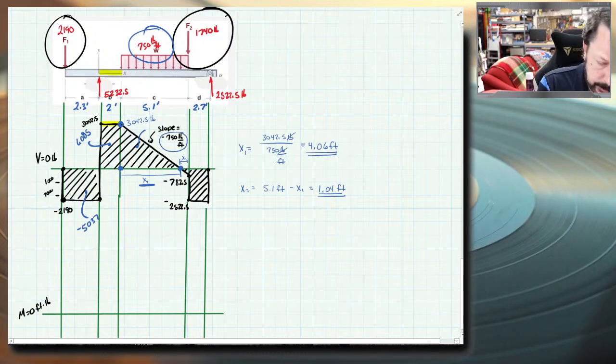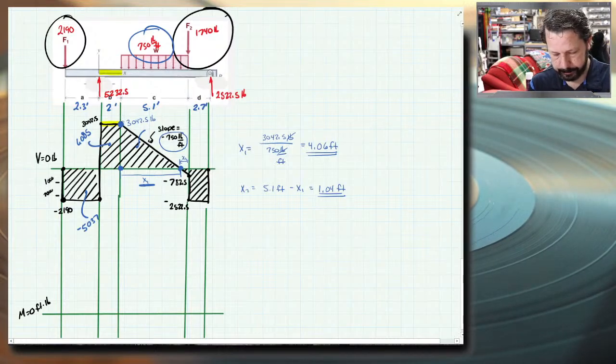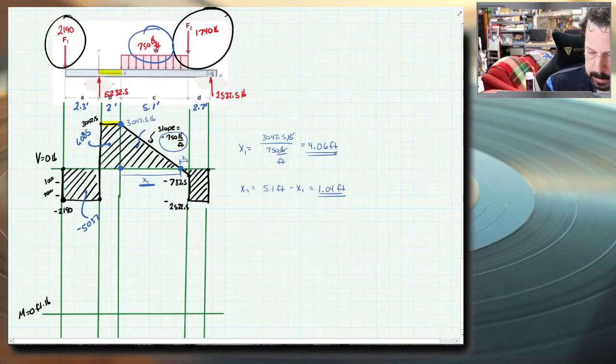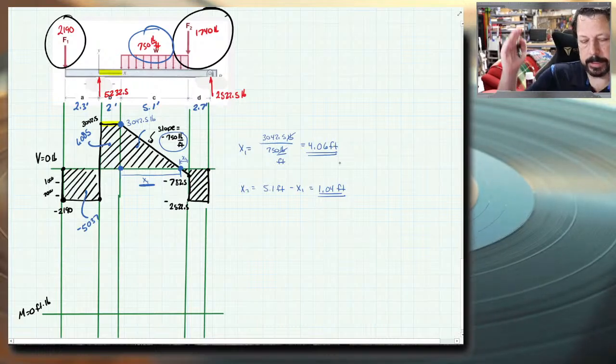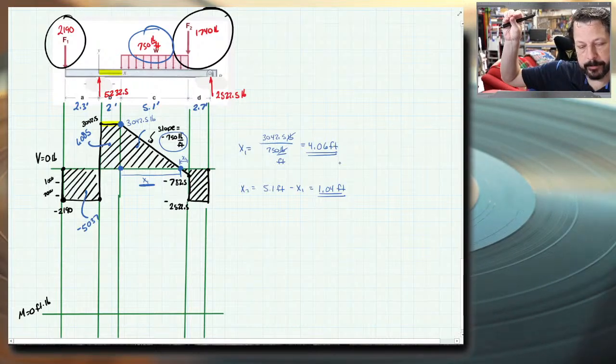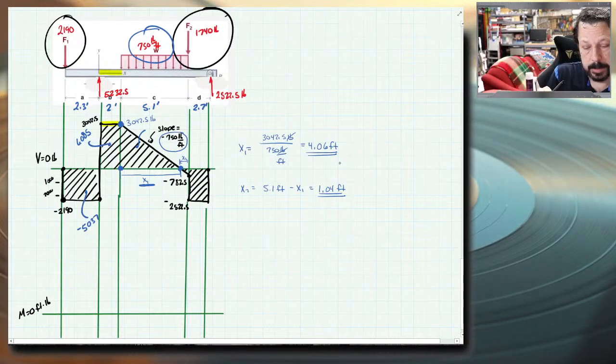The height of the triangle started at 3,042.5. Divide that by the 750, and it says that x is 4.06 feet. So that's how long it took to get from 3,042.5 pounds down to 0 if I lose 750 pounds per foot. So it takes 4 feet to do that.